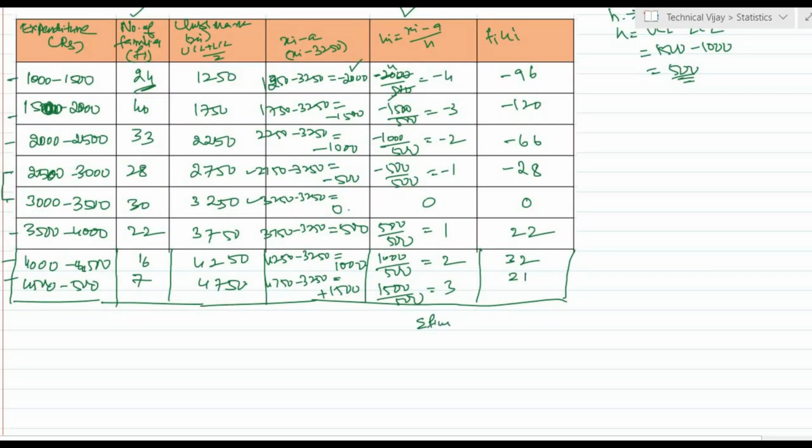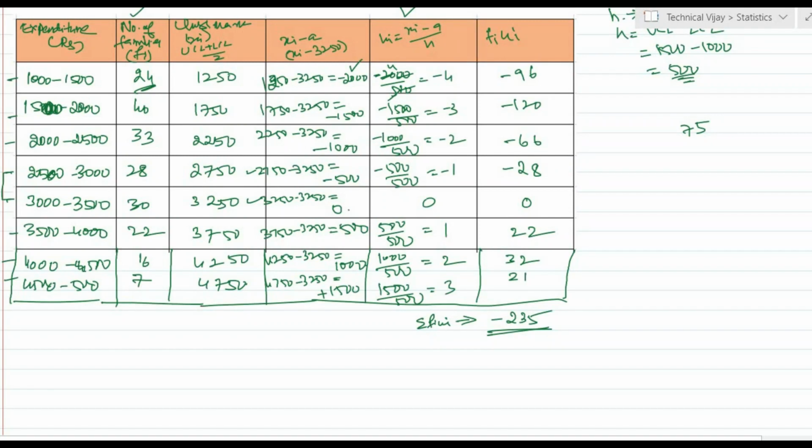Now we will calculate the sigma value, sigma fi ui, which is the summation of these. This comes to minus 235. Adding the positive values: 22 plus 32 plus 21 is 75.